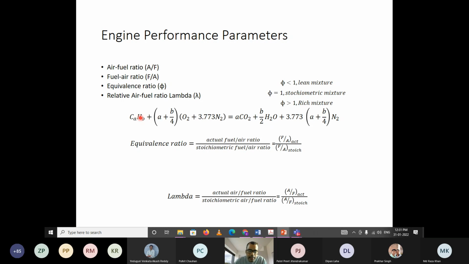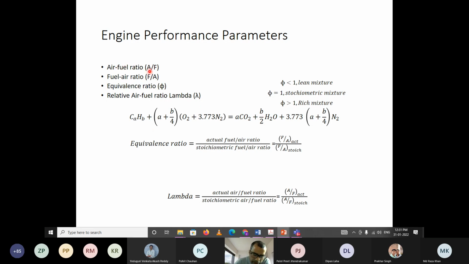But let us take octane, C8H18, as a fuel, and find out the stoichiometric air fuel ratio. Take the fuel C8H18 and give me the air fuel ratio.